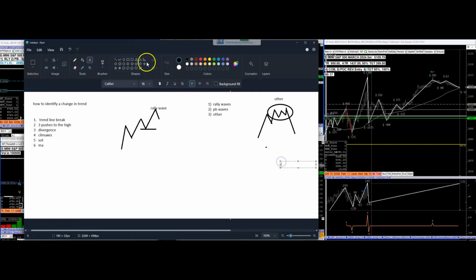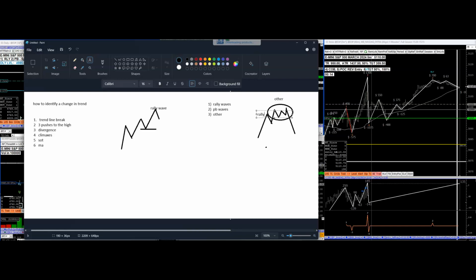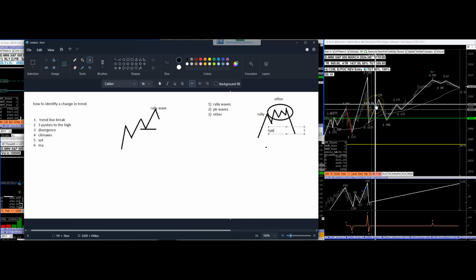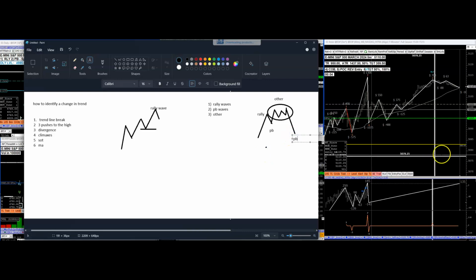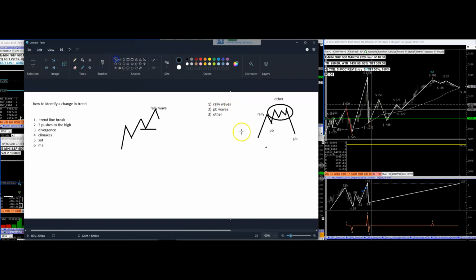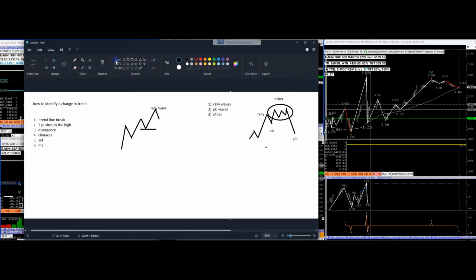What's meaningful is this is the rally, this is the pullback, this is a pullback, another pullback that comes pretty close, and then you have your next rally, another rally, a bullshit wave right there, and then stuff like that.